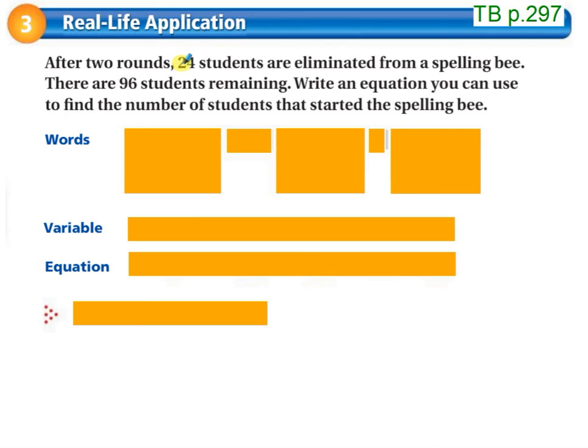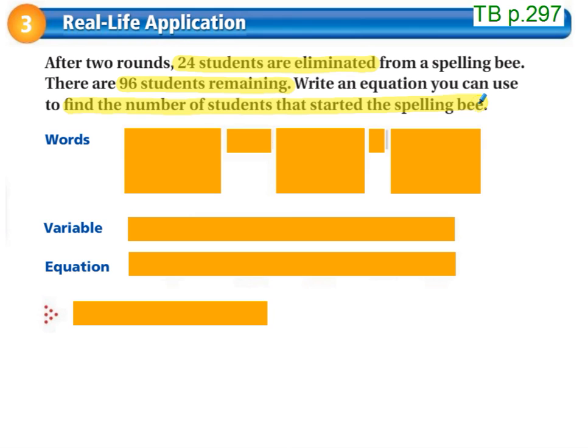I think 24 students are eliminated will be important. As I read on, there are 96 students remaining. That's probably important as well. Write an equation you can use to find the number of students that started the spelling bee.